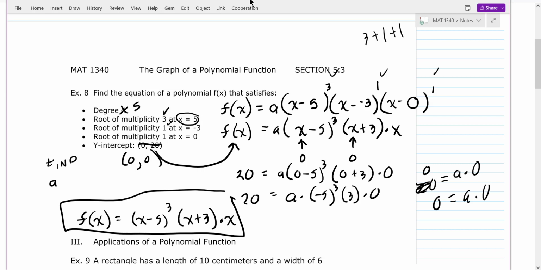What's that? I'm sorry? Why wouldn't you plug in that 0 for a? Oh, in for a? Yeah. Well, the thing is, you would find that a would end up having to be 0 on that.